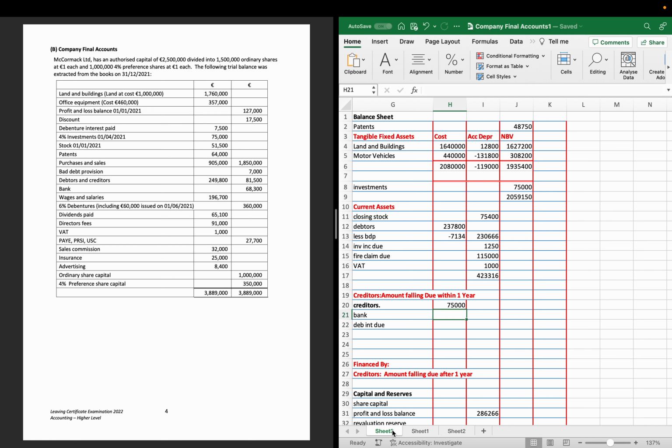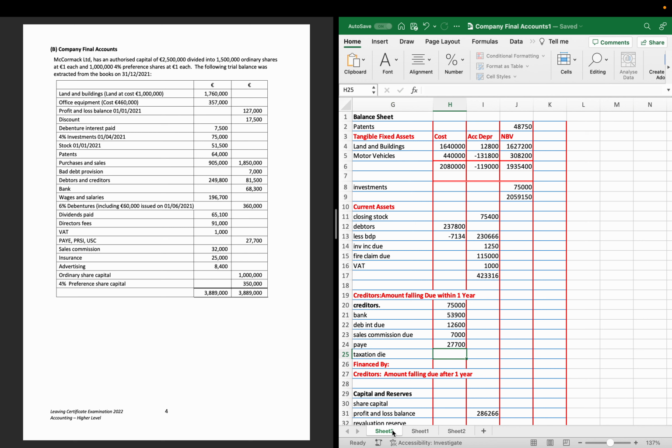25,000, 53,900 and 12,600, and the commission due of 7,000. That needs to go in. And then from the question, you've PAYE 27,700, and you'll have the taxation, of course, the very last one, the workings.